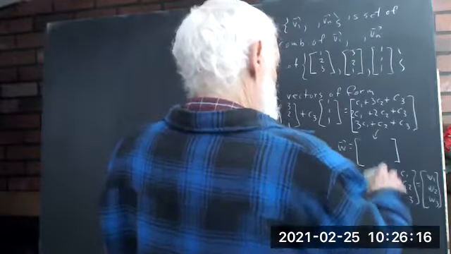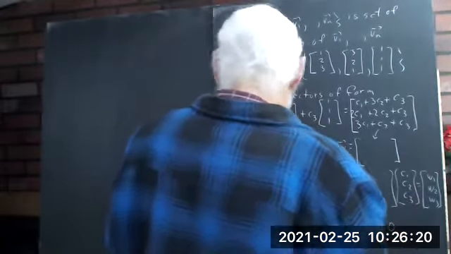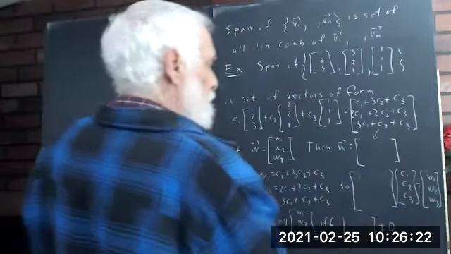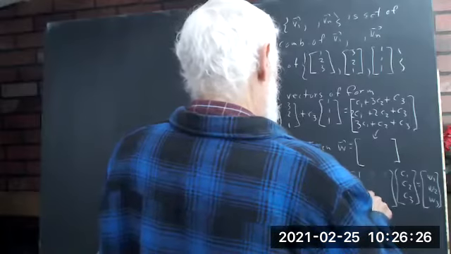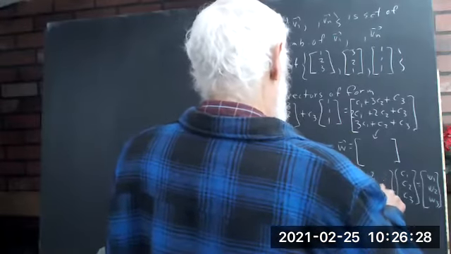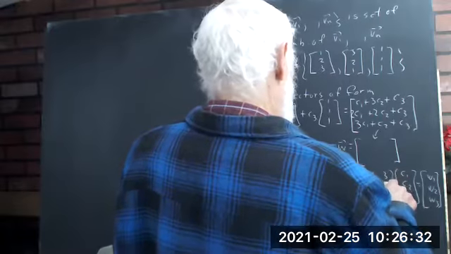Okay, got to fix it. I put the rows where the columns ought to be. It's careless. Okay, this should be 1, 3, 1, 2, 2, 1, 3, 1, 1.